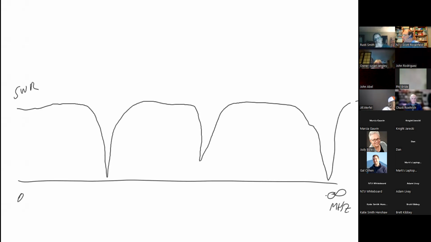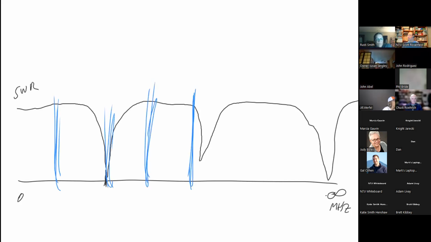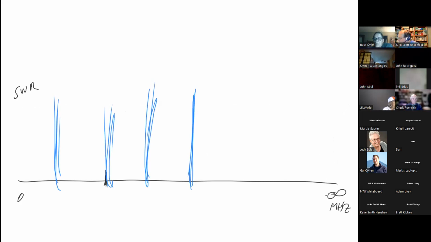There might be a couple of times that it dips and is actually really useful. Let's say I've picked the one that I want. The question is, how do I legally sweep all those different frequencies when my legally operated transmitting ranges are here and here and here, and nowhere in between? The tricky thing happens if, instead of doing that, I find that my antenna is behaving like this.